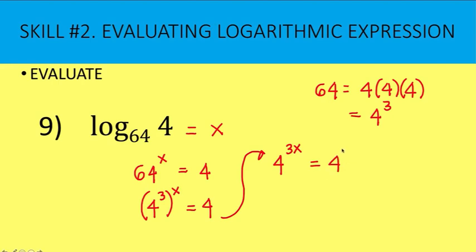Since there's no number here, it's implied that the exponent of the number 4 at the right is 1. Since the bases are the same, the exponents must also be the same. We can now therefore say that 3x is equal to this number 1, and solving for x, x equals 1/3. So the value therefore of the log to the base 64 of 4 is 1/3.